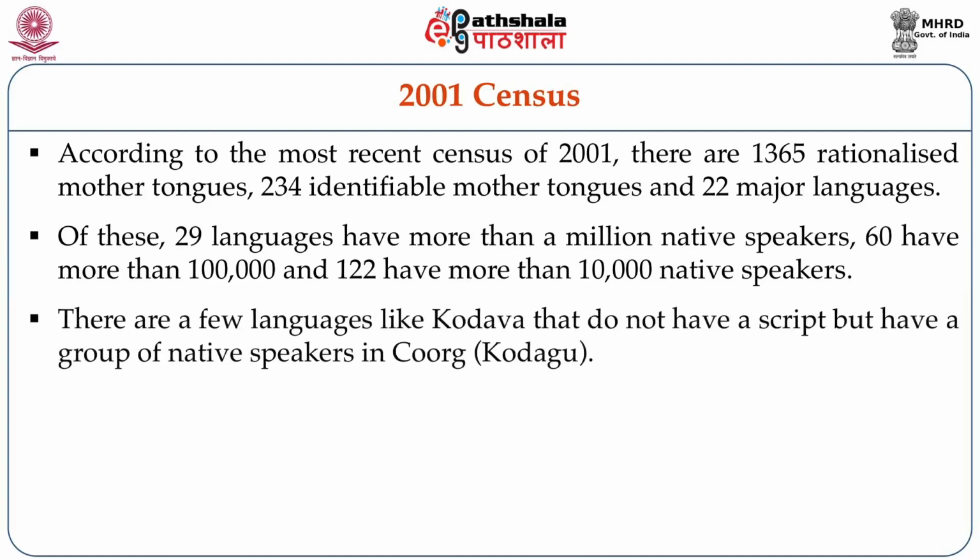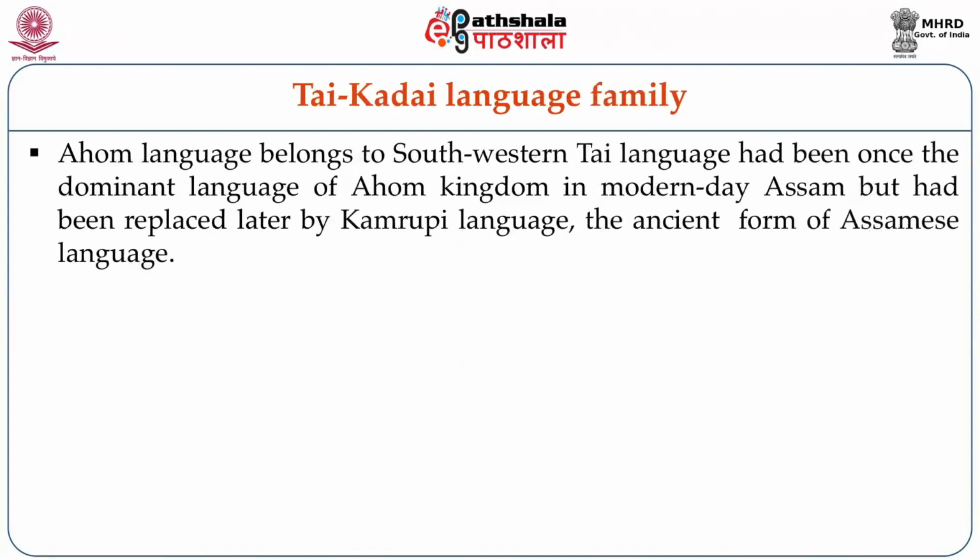There are a few languages like Kodava that do not have a script but have a group of native speakers in Coorg. Actually, there are two more languages. One is the Ahom language, which belongs to southwestern Thai language, had once been the dominant language of the Ahom kingdom in modern day Assam, but had been replaced later by the Kamrupi language, the ancient form of the Assamese language.